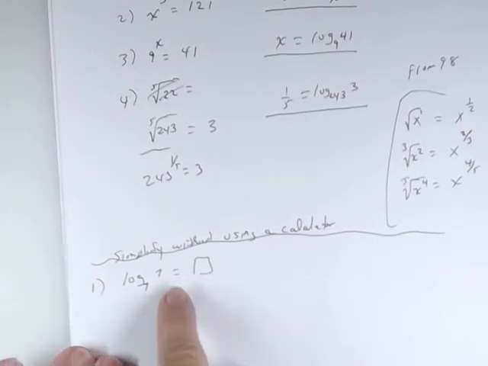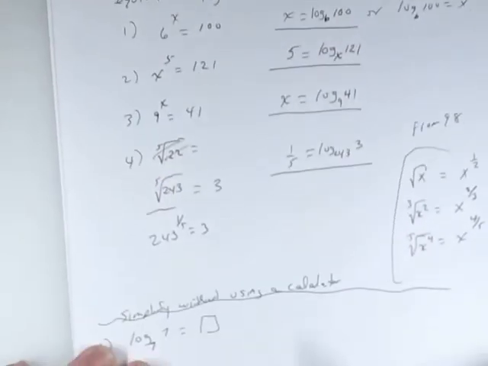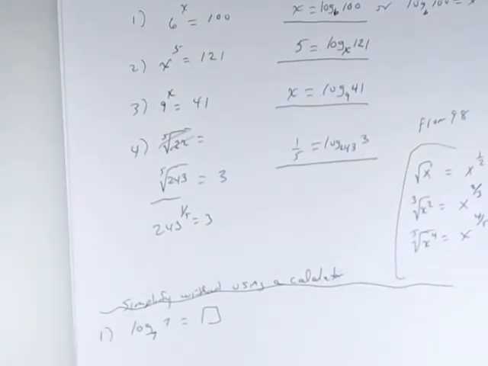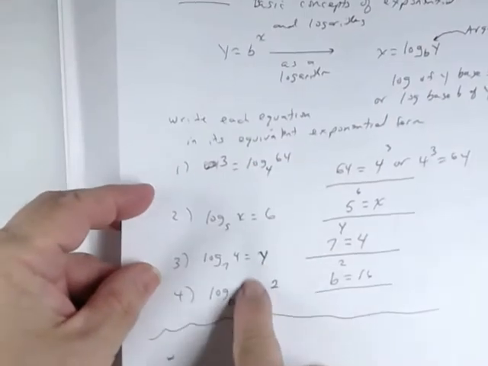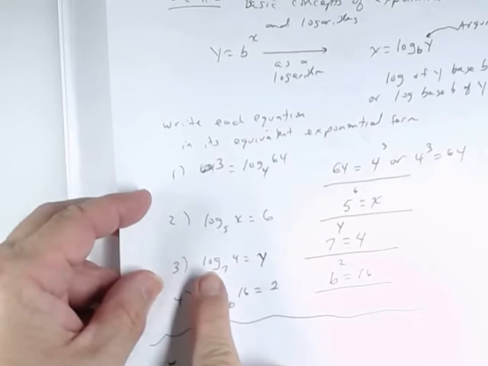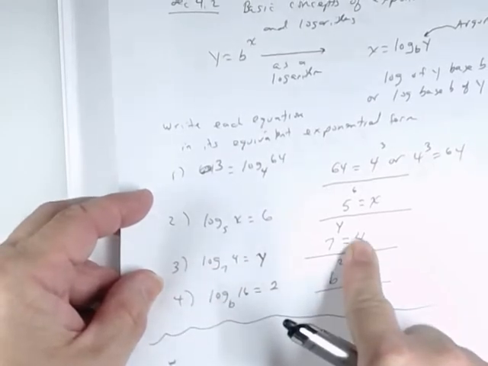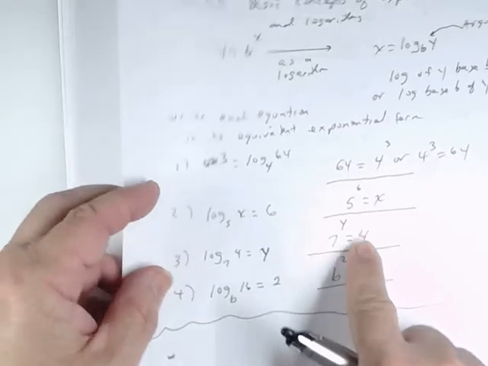And so if you look at this, doesn't this equation right here kind of look like these? And when we wrote these, what did we change it to? An exponential. We changed it to an exponential.